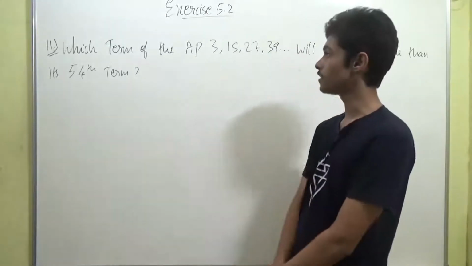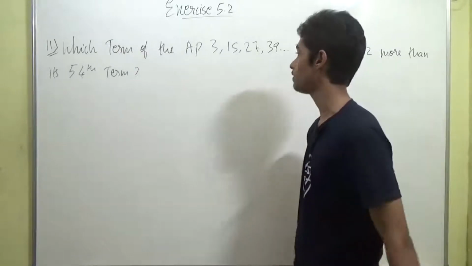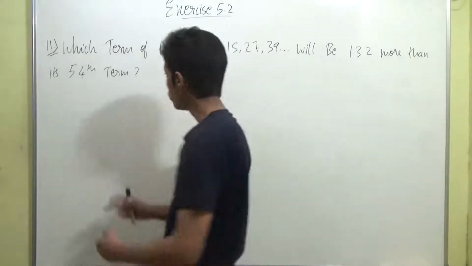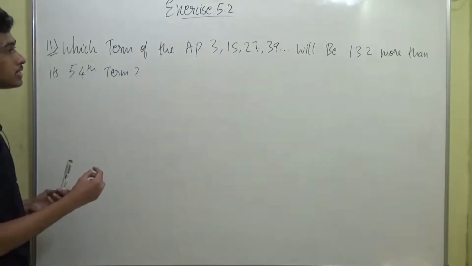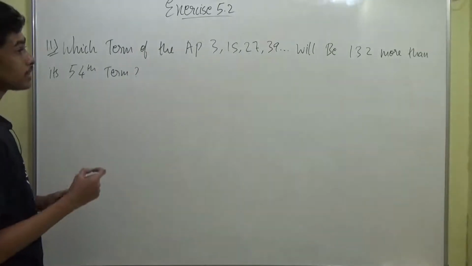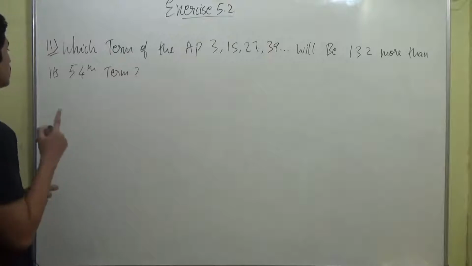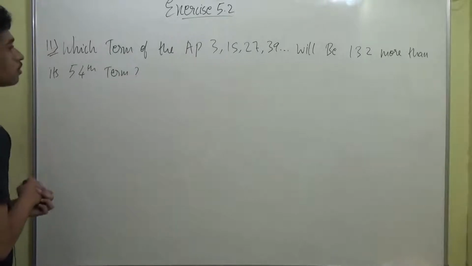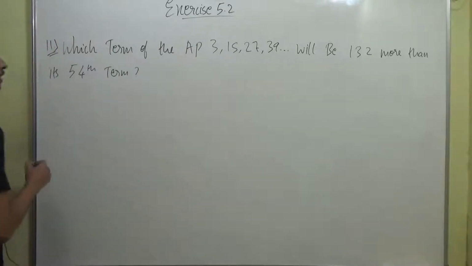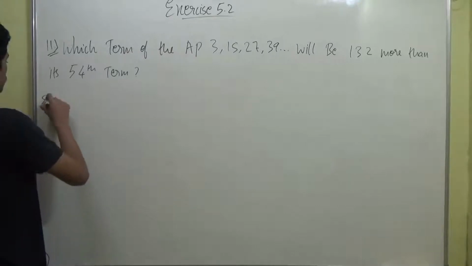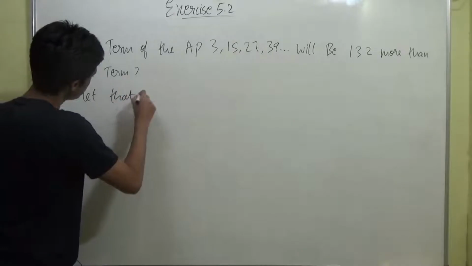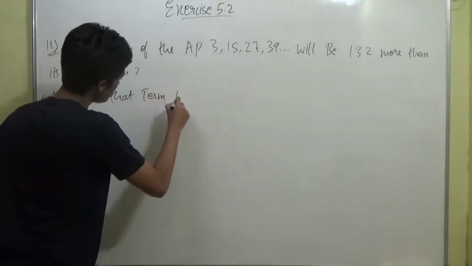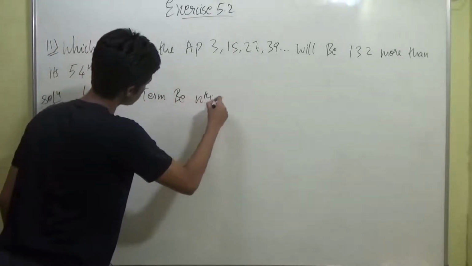Okay guys, without much delay, let's get into question number 11, which says: which term of the AP 3, 15, 27, 39, ... will be 132 more than the 54th term. First is assumption, let that term be the nth term.